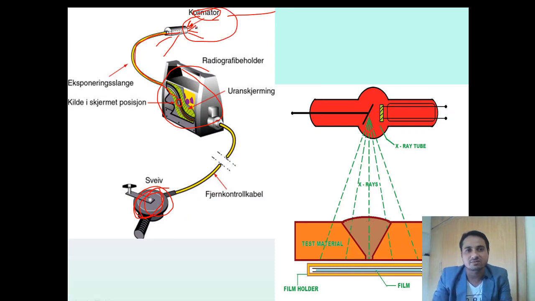So the collimator will direct the radiation in a desired direction. This is the basic arrangement which we are doing in radiography testing. This is the basic radiographic equipment.